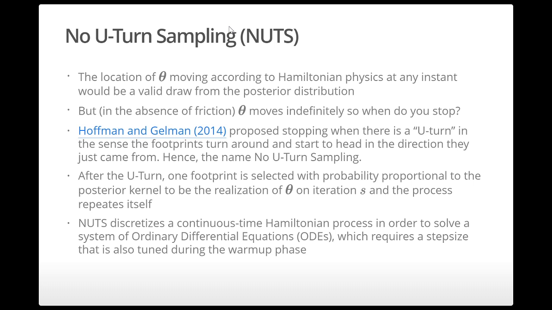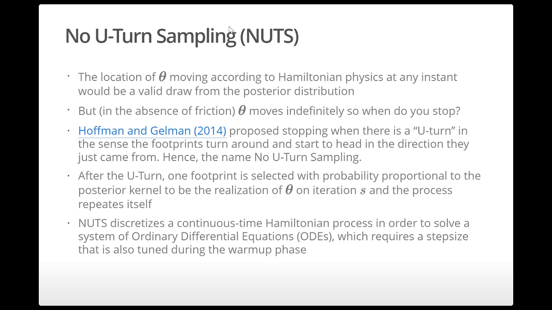It moves around a little while longer, we stop it, and then we select among the places that the particle has been according to the posterior kernel height. It's actually a two-stage process, but we're basically doing multinomial sampling among the places where that little green thing has been since the last time we hit it with random normal wind.